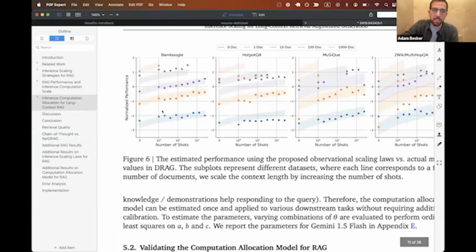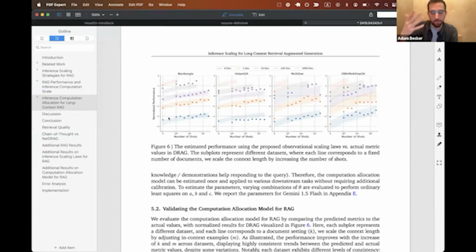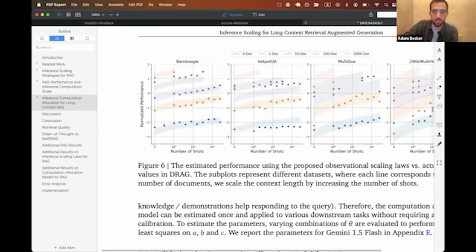Here, what you can see is basically their prediction versus where the actual values lied. And then on the basis of that, they're able to figure out what actually helped make the model very useful. So this is the 0 doc, 1 doc, 10 docs, 100 docs.